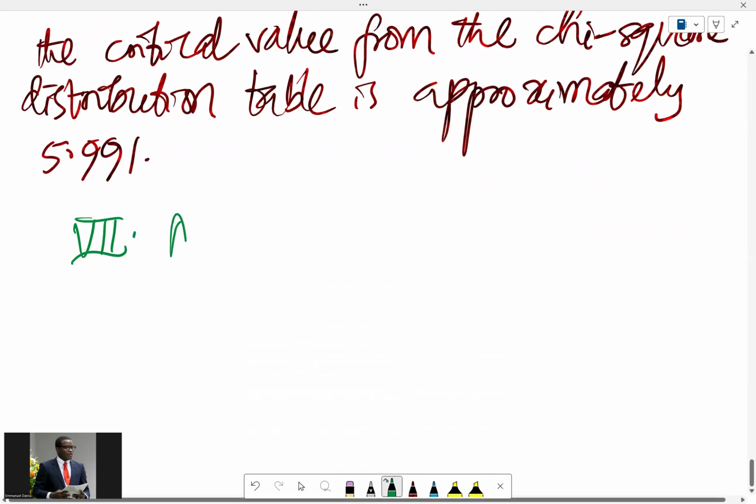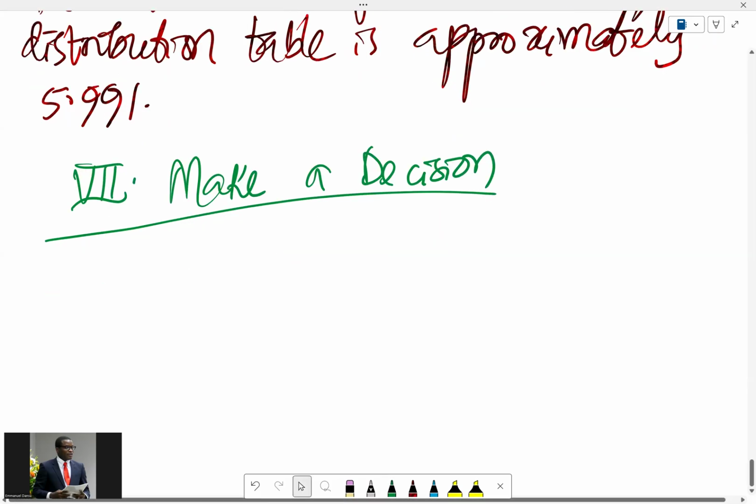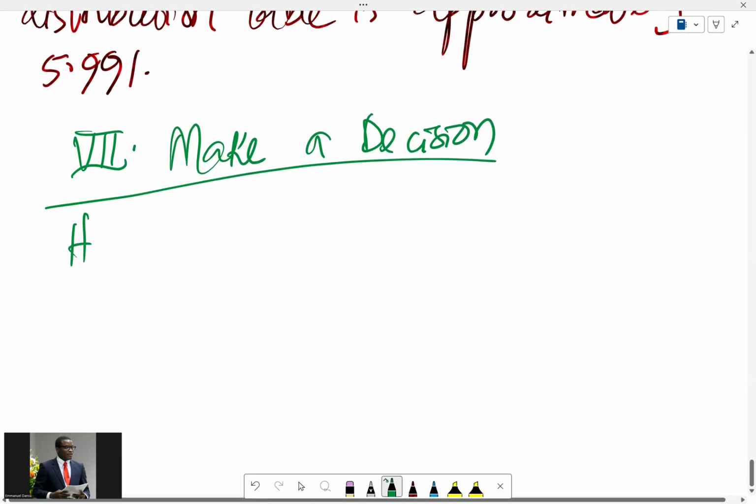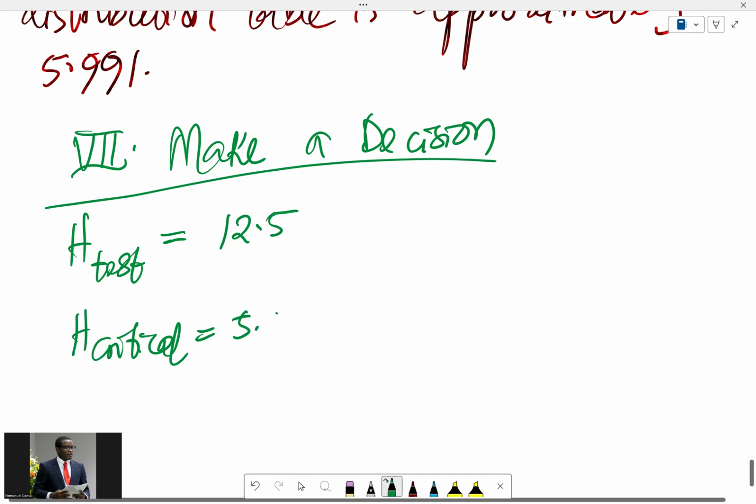Step 7 is to make a decision, since we have both the test statistic and the critical value. So already we know the H test, that's the test statistic, is actually 12.5, and we have the H critical, if you like, and that is 5.991.